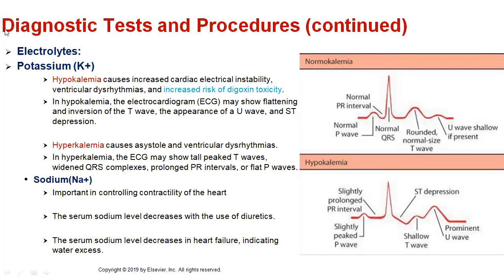If the potassium level goes less than normal, it is called hypokalemia. If the potassium level goes up, more than the normal range, it is called hyperkalemia. Hypokalemia or hyperkalemia both lead to arrhythmias, right? Arrhythmia is it.